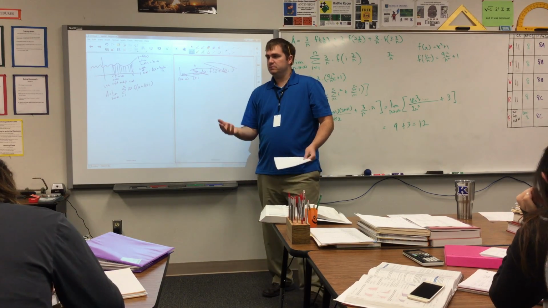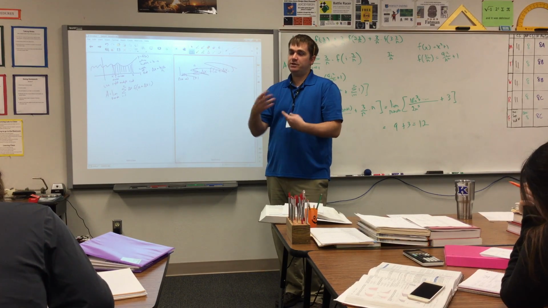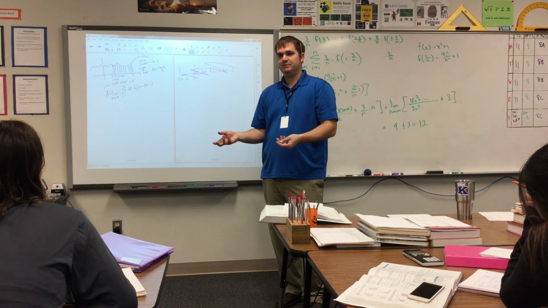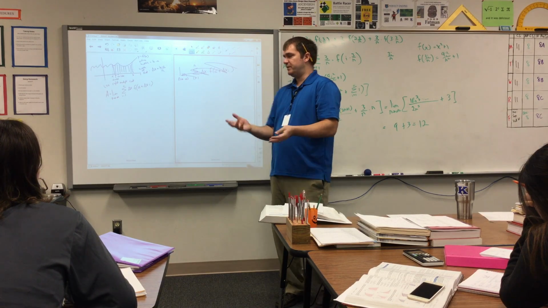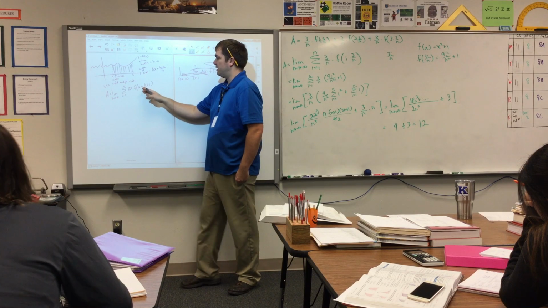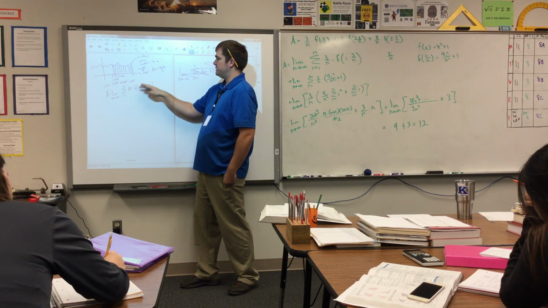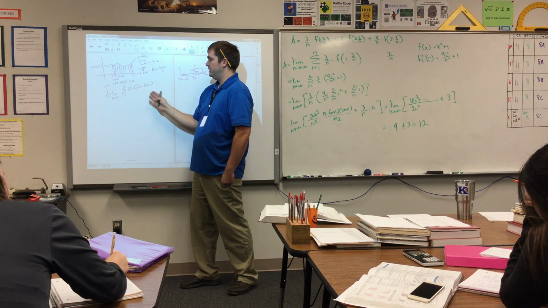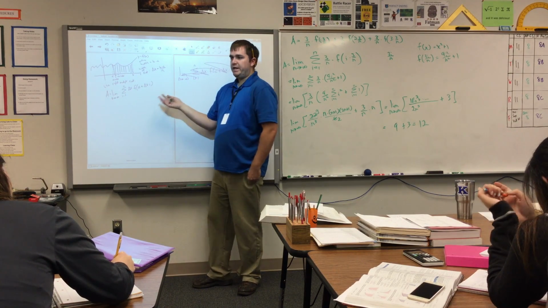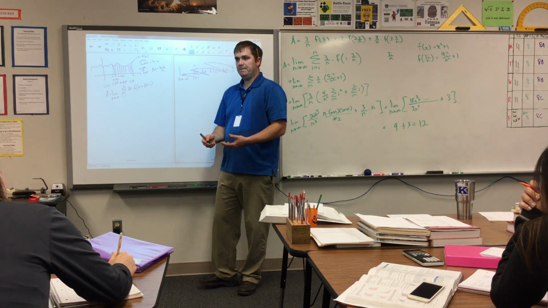Now you say, all right, Mr. Goddard, that's for using right endpoint rectangles. Is there another formula for left endpoint rectangles? Or for circumscribed or inscribed and stuff like that? Well, for left endpoint rectangles, there is, but you've got to change that delta x. You don't have the a plus, but you've got to handle the very last situation. If we use right endpoint rectangles, the formula is actually very simple.